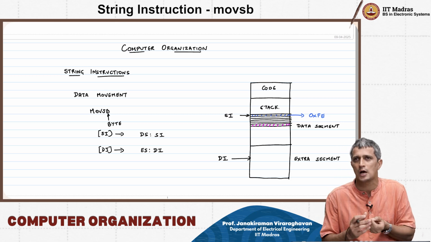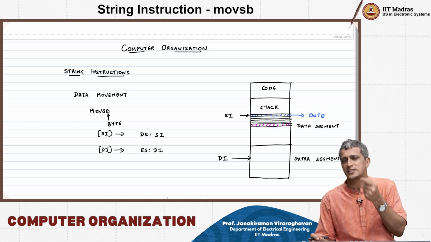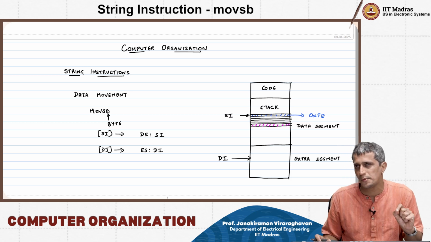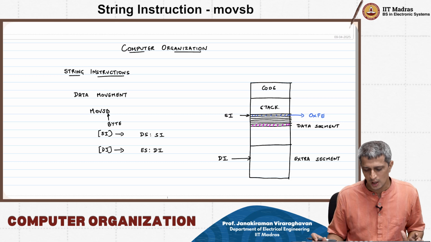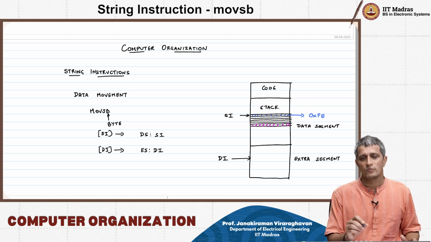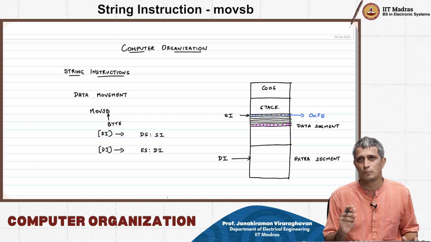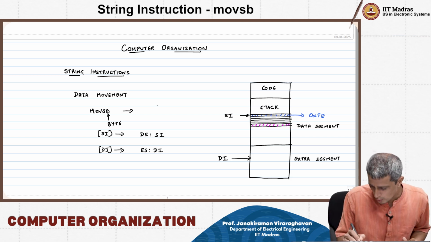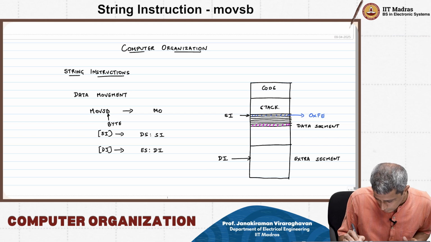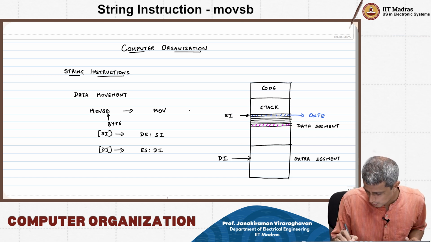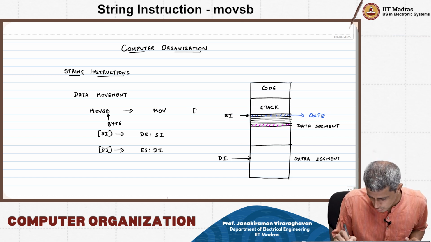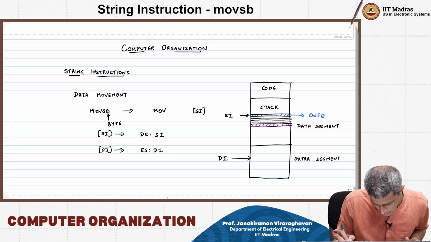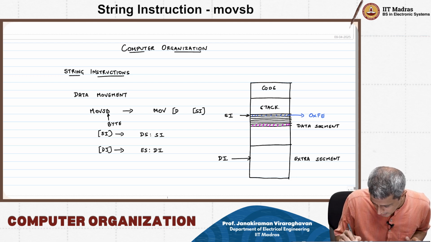So that B is now implicitly suggesting that we are dealing with a byte of information and not a word or a D word, right? So you basically use this MOVSB, okay, and implicitly this is going to move from source index to destination index.